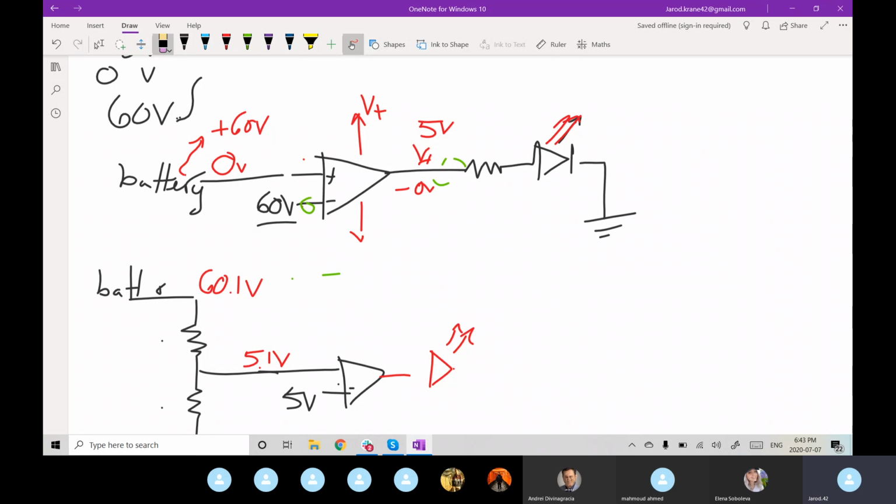Basically, one continuous path, just going from input to output. No feedback, so it's open loop. And by definition, by one of the rules of an op-amp, its open loop gain is massive.